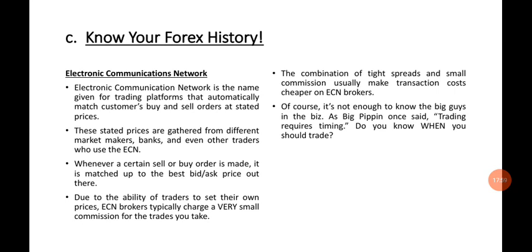The ECN, Electronic Communication Network. The ECN is the name given for trading platforms that automatically match customers' buy and sell orders at stated prices. These stated prices are gathered from different market makers, banks, and even other traders using the ECN.